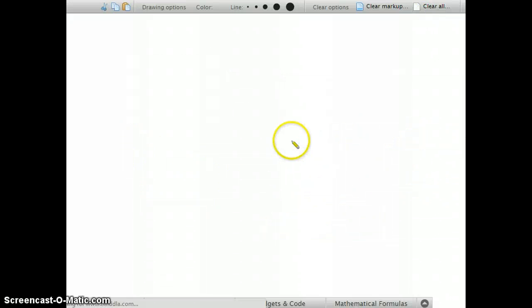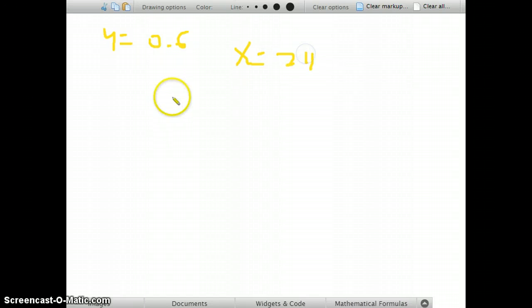Now, because it's directly proportional, I am able to create a proportion. If I have a question that says y equals 0.6 when x equals 24, and x equals 500 with y equals question mark, I can set up a proportion to solve this.